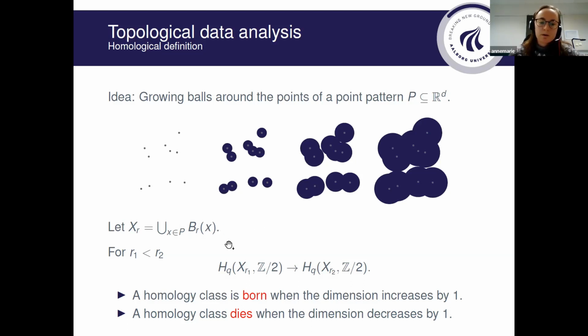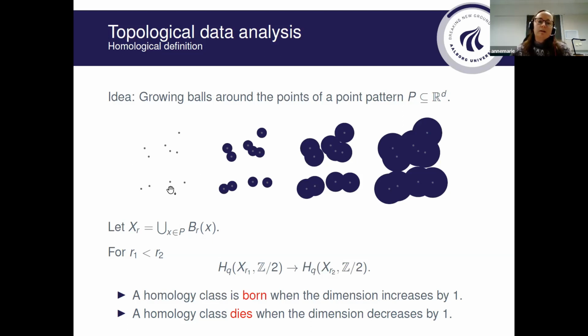The way we measure the topology is by homology groups with Z mod 2 coefficients. If we call X_R this union of balls of radius R, then for two radii, R1 smaller than R2, we get a map of homology groups, and we can do that for increasing values of R and see when this homology group changes.